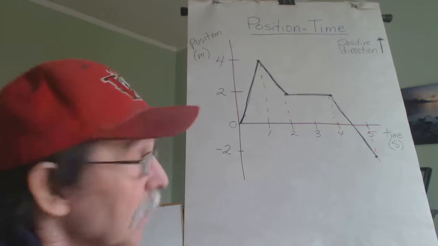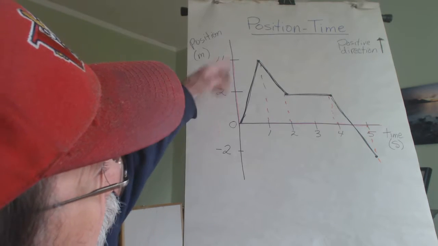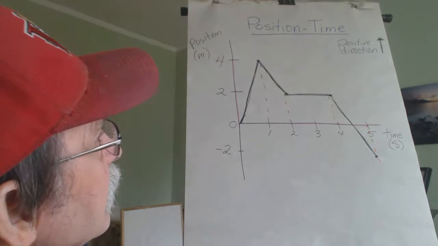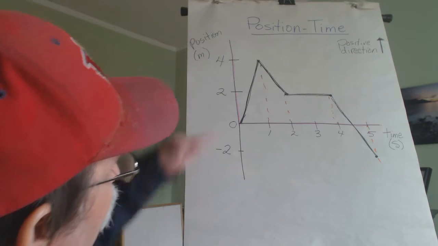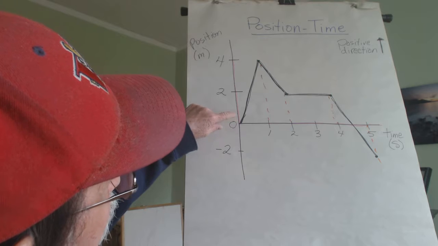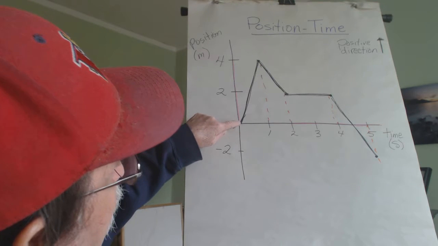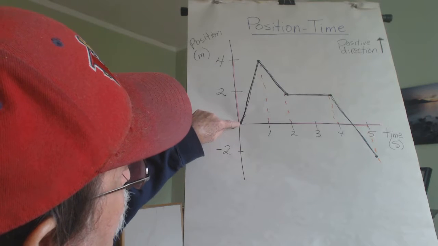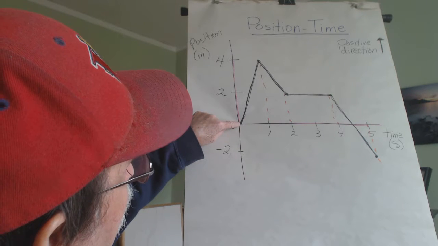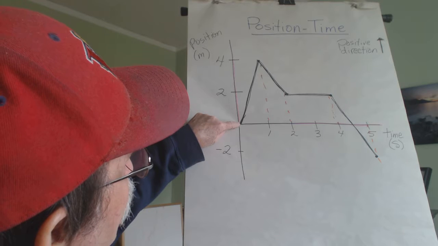So what's happening in these different sections? Well, we have a person or an object or a car or a particle or whatever it is that's moving. It's moving from the starting point. It's going to go in the positive direction.